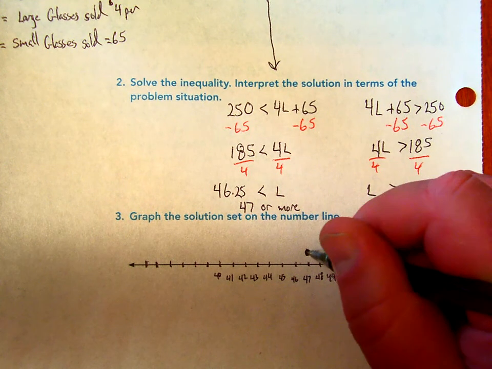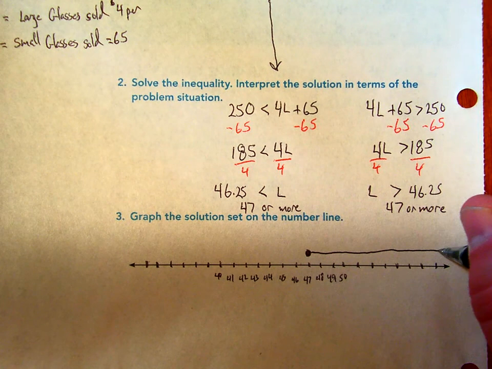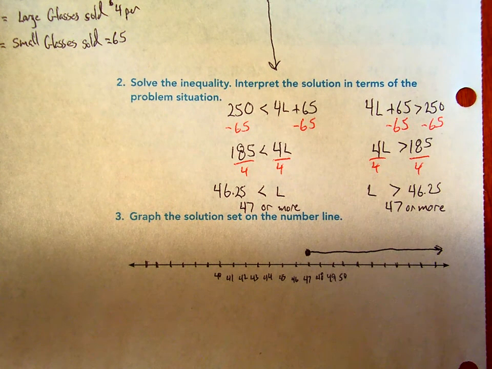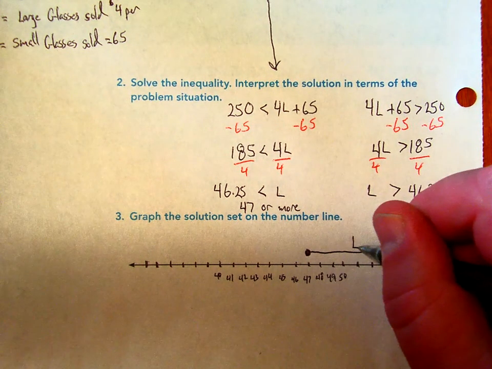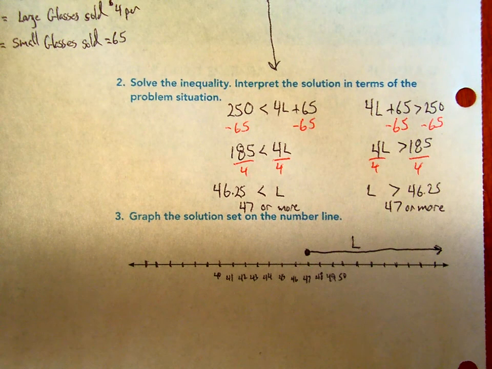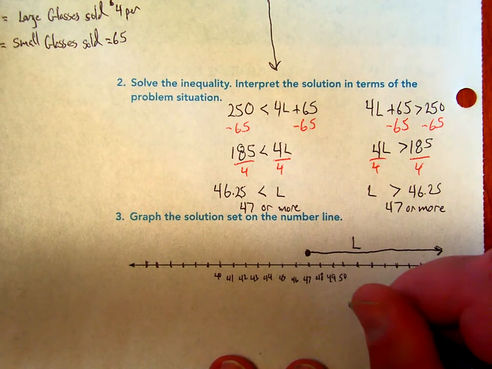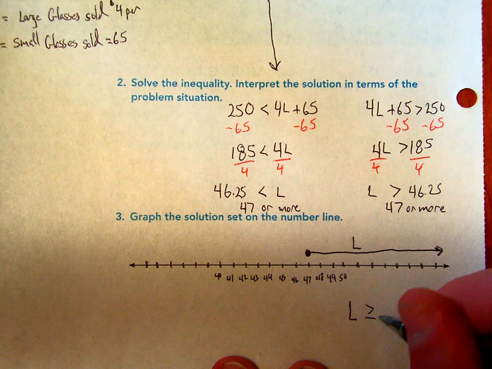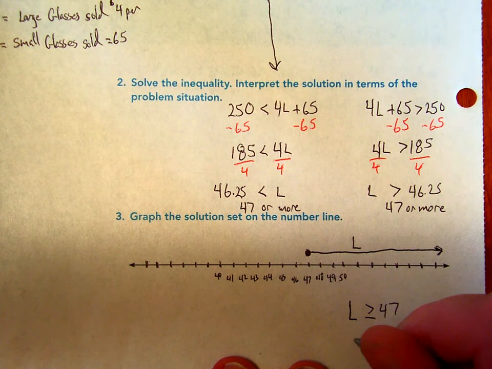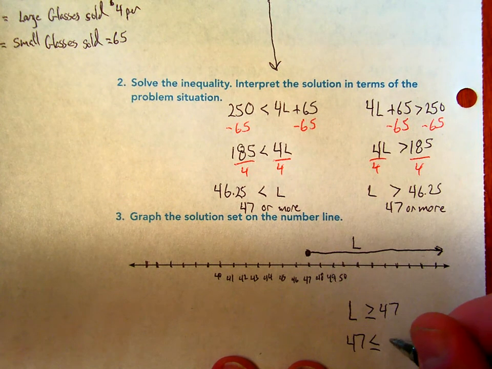And they sold more than that, so it goes that direction towards the larger. And I'm going to put my L there on top of that line to show that L is greater than or equal to 47. Or 47 is less than or equal to L.